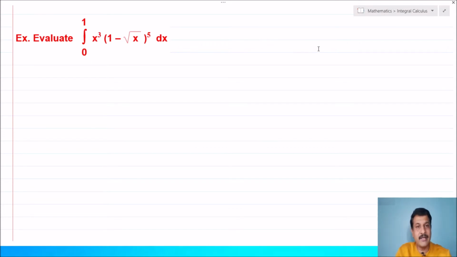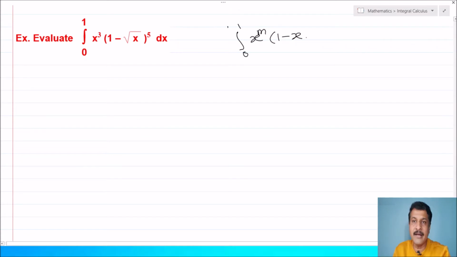Remember, for any example on beta and gamma functions, first you relate it to either the definition or a property of beta and gamma functions. Here, the definition of beta function is integration 0 to 1 of x raised to m minus 1 and (1 minus x) raised to n minus 1 dx, and that is nothing but beta of m, n.